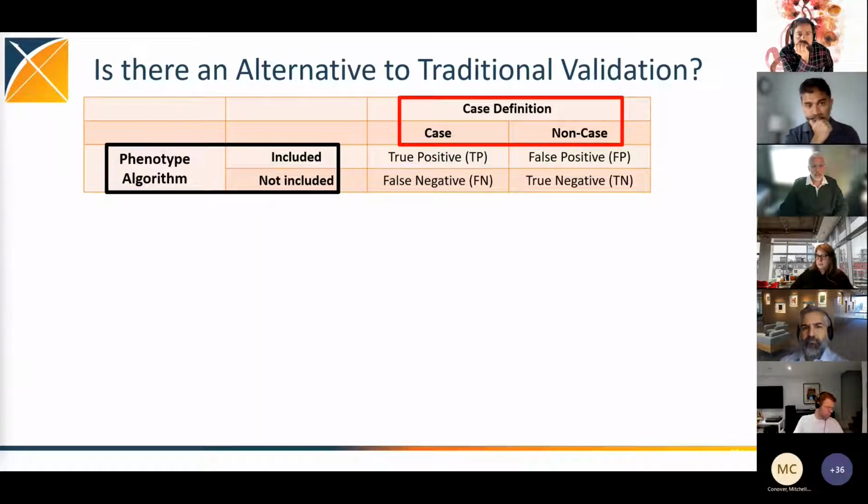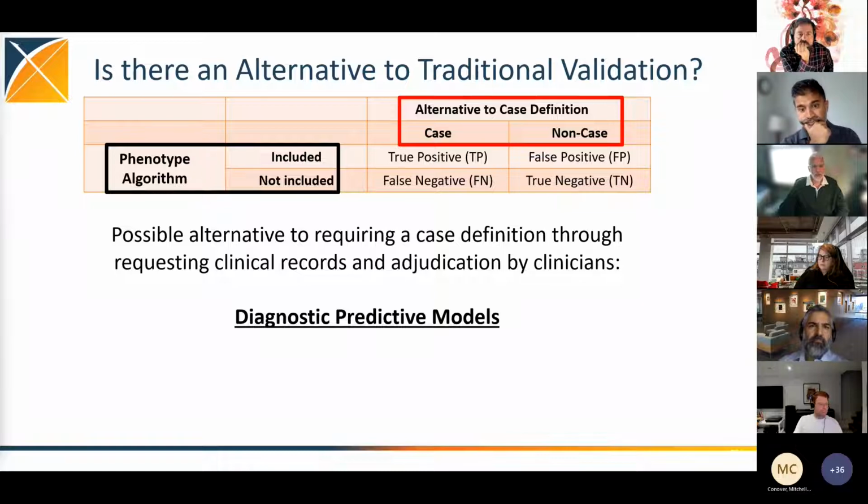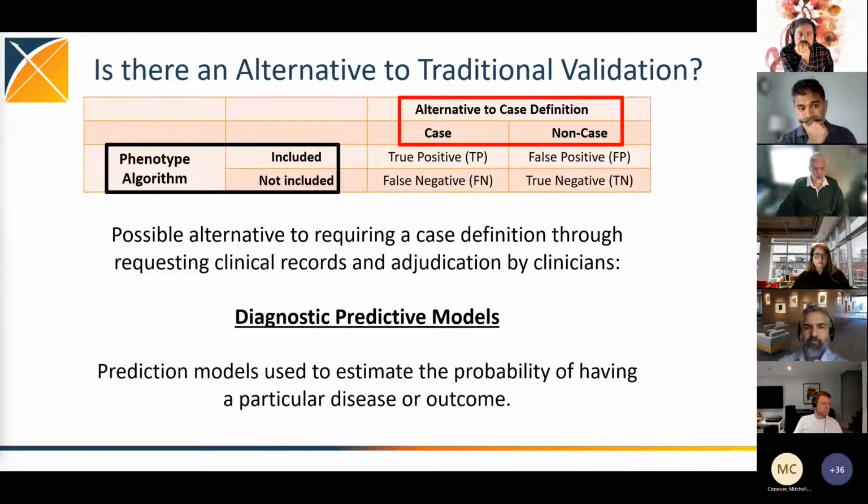So the question is, is there an alternative to traditional validation? One of the things that we thought about is whether that alternative could be diagnostic predictive models. Diagnostic predictive models are used to estimate the probability of having a particular disease or outcome.